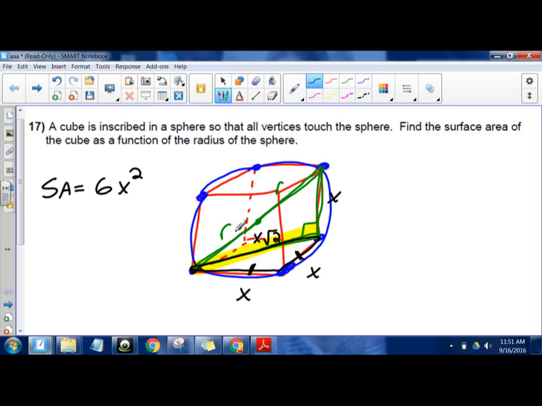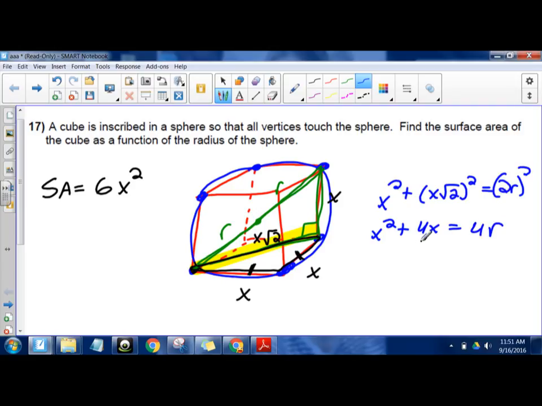Now we have all 3 sides of this triangle, and we can use Pythagoras. So we know that x squared plus (x root 2) squared is equal to (2r) squared. If we clean this up a little bit, this is x squared plus x squared times root 2 squared, which is 2, so that's 2x squared. And 2 squared is 4, so 4r squared.